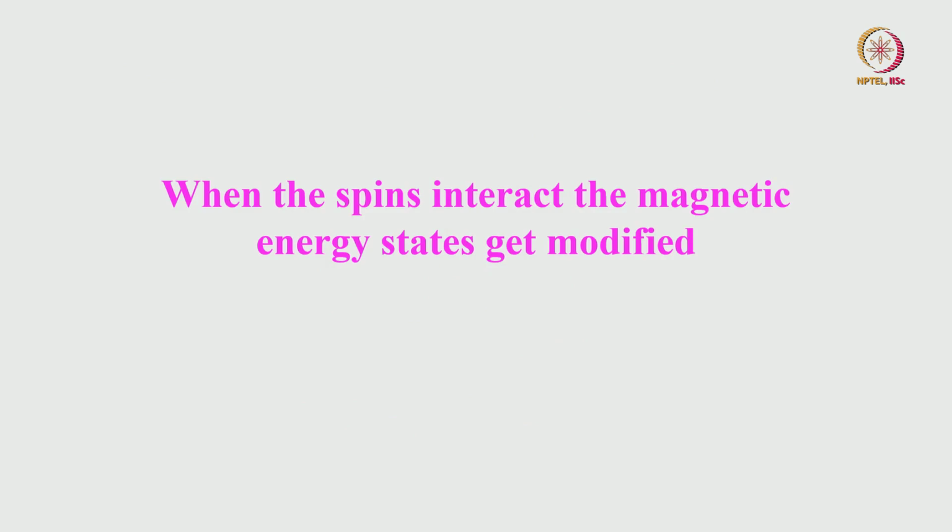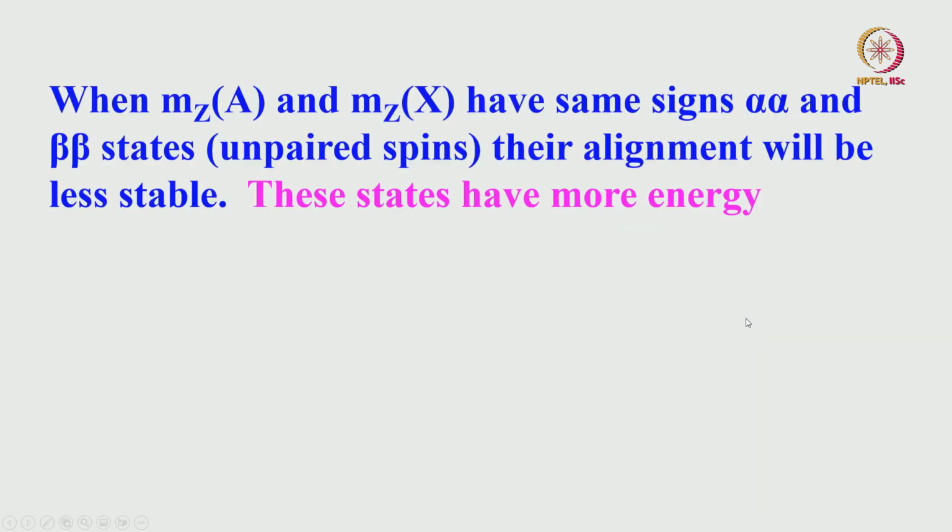In this case, we have to understand a little bit more. What happens to the energy states when the spins interact? Remember, in one of the cases I also explained to you, the energy levels get modified. When MZA and MZX have the same signs, alpha alpha and beta beta are the two states where both have the same sign.